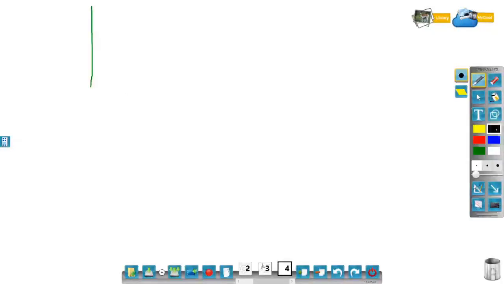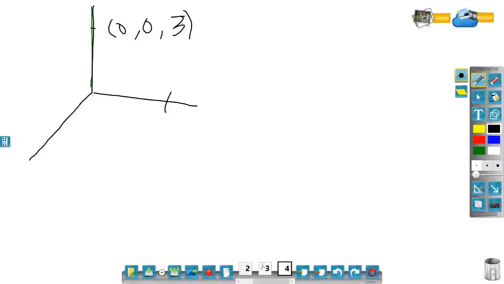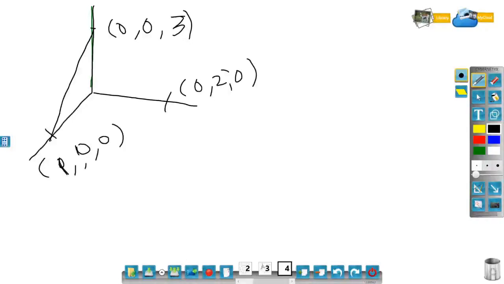So let me draw the diagram here again. I will write one iterated integral, then the other 5 you can easily guess. The vertices are at 0, 1, 0.